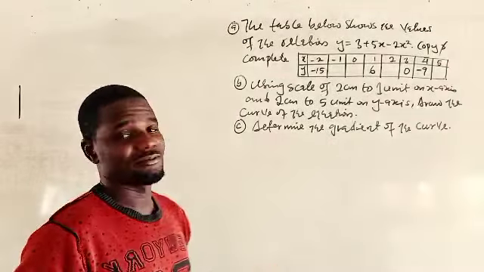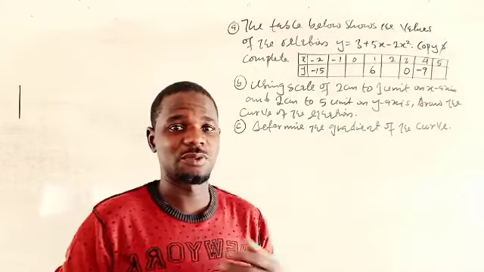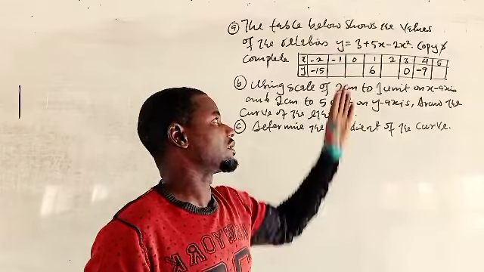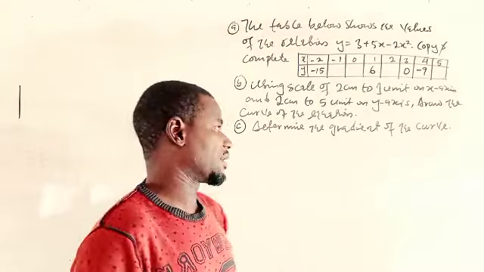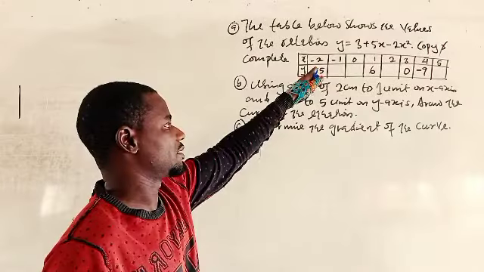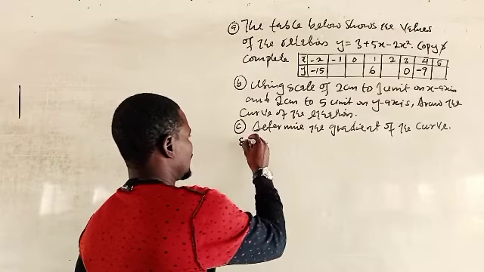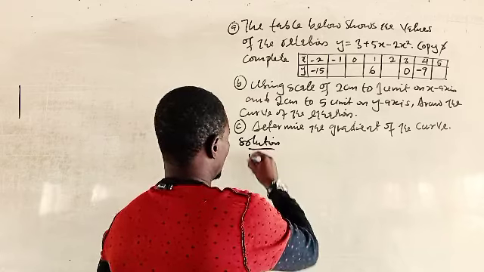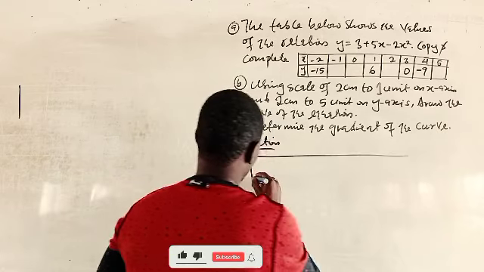Some people regenerate another table with x and y, but some follow it the way it is and just complete it. Like me now, I'll complete the table down here by drawing the table this way.